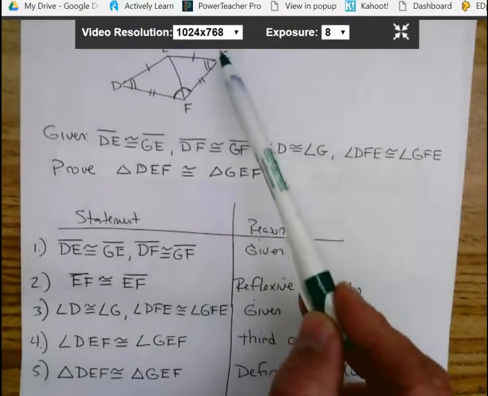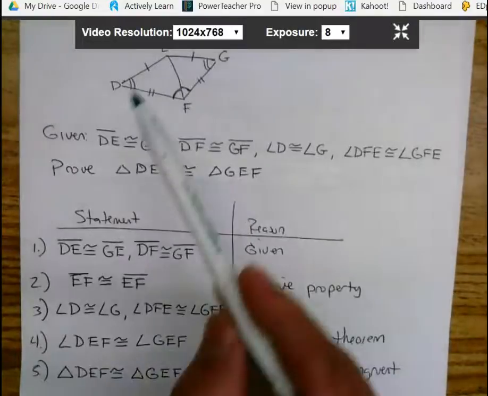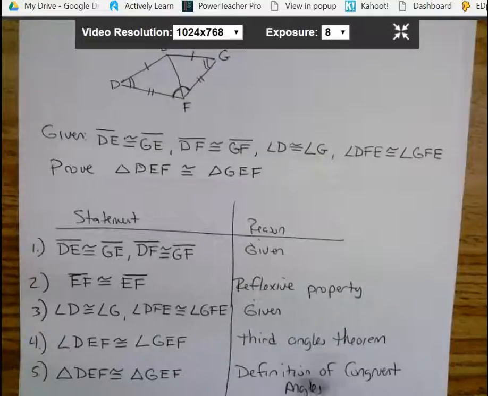Since G is congruent with D, and the whole angle DFE is congruent with GFE, we know the angle we don't know is also congruent. So we can say DEF is congruent with GEF by the third angles theorem.